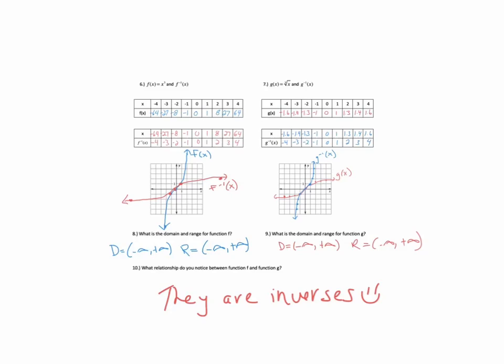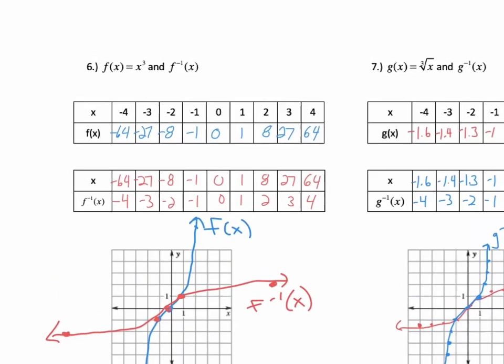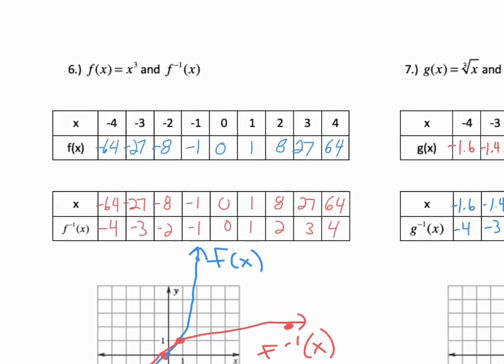So now we're going to go over your t-charts for number 6 and number 7. I can make them a little bit bigger for you. So I did let my calculator do some of the walking there. If you just type in y equals x to the third, and then press graph, and then go to your table.